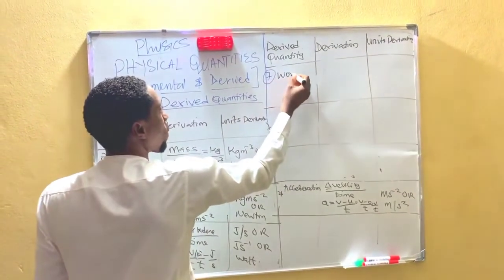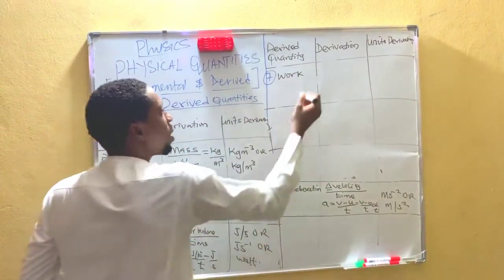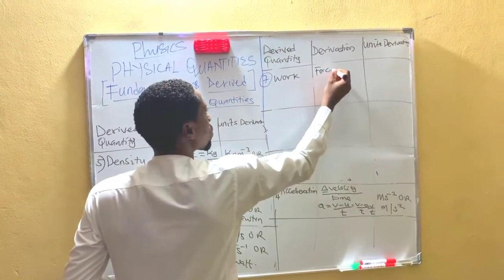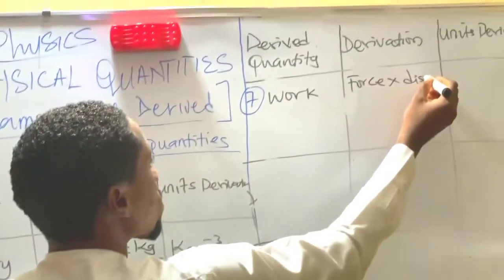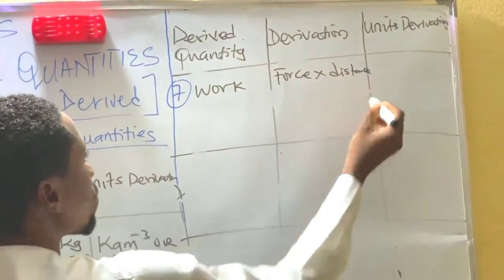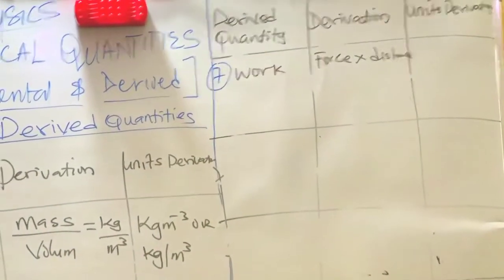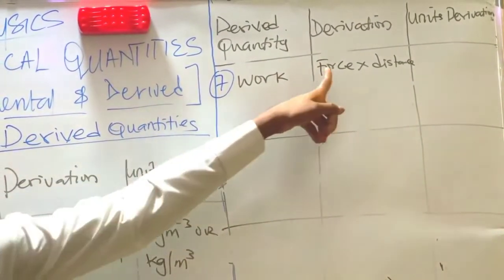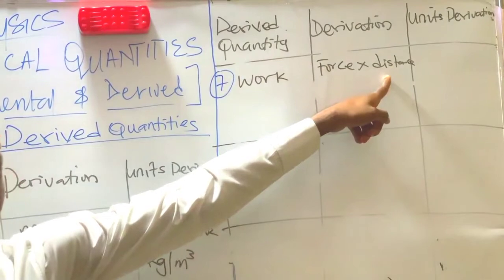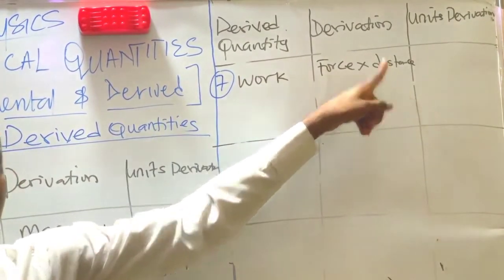Work is force times distance. So what does that mean?